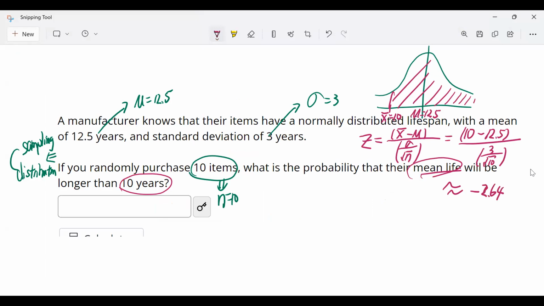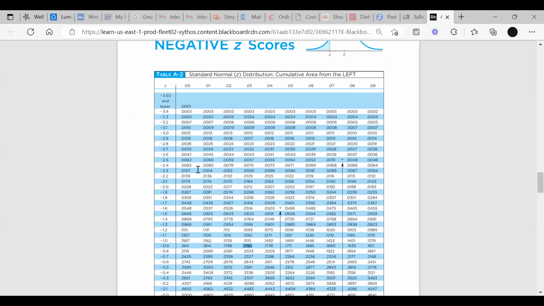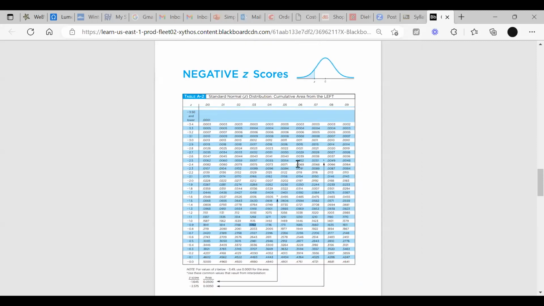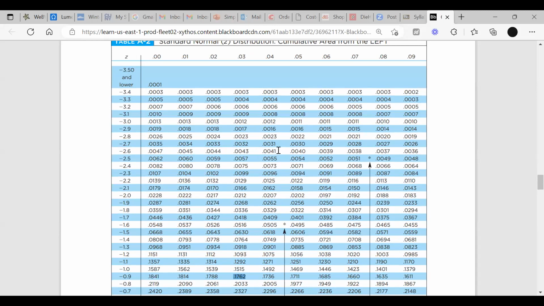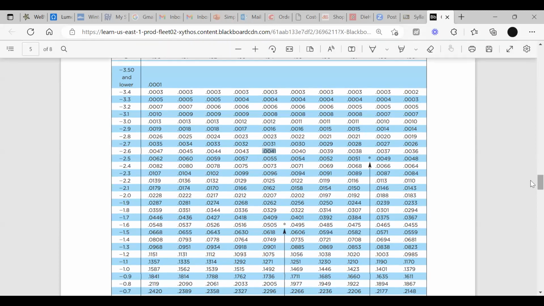Okay. Now we're going to go to table A2 and look for the area to the left of negative 2.64. 2.6 and 0.04, so it's 0.0041.